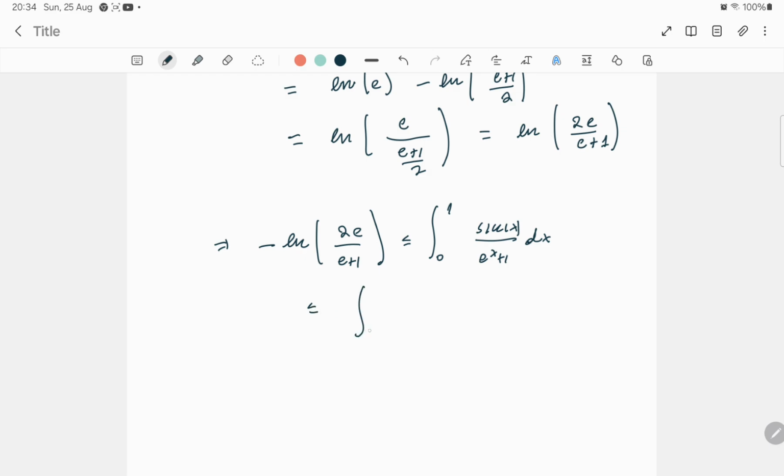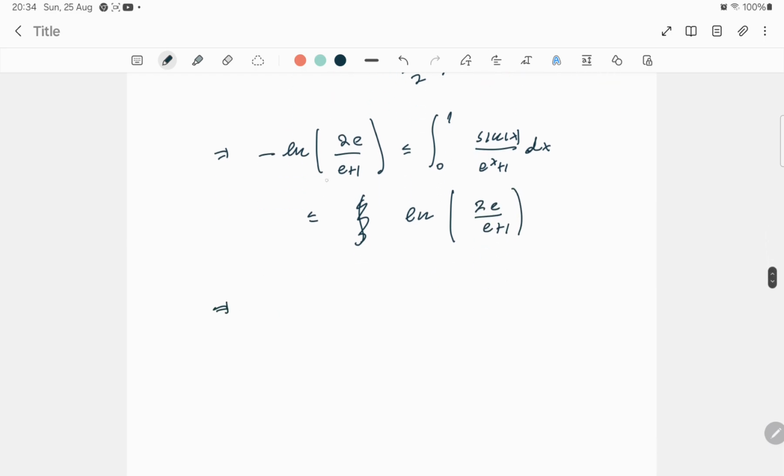And the upper bound is the natural logarithm of 2e over e plus 1. I can use the properties of logarithm to remove the minus, and this can be reversed: e plus 1 over 2e.